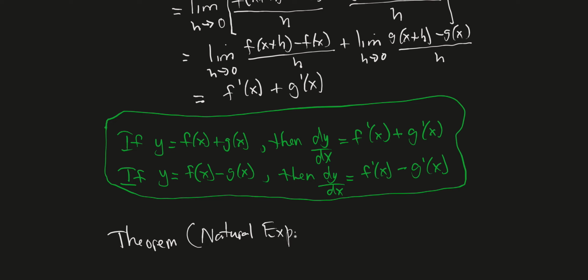The natural exponential rule. Now you may have not described it as the natural exponential, but the reason I'm doing that is I want you to think of it and its relationship with the natural logarithm. So there's a natural logarithm and its exponential equivalent. I just like to call it the natural exponential because they both use base e.